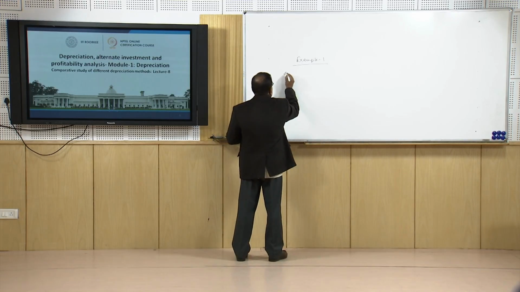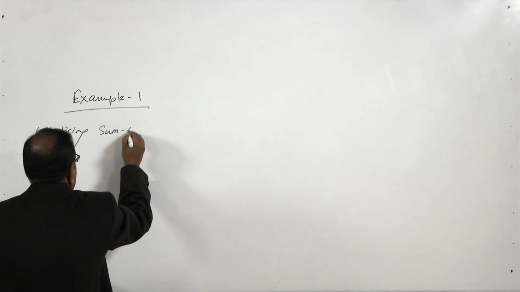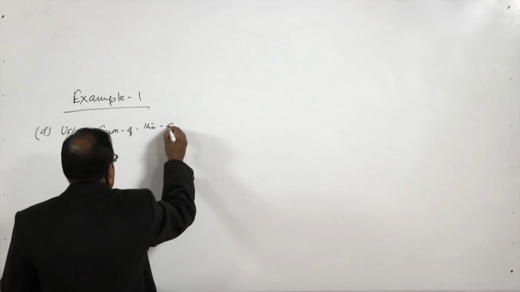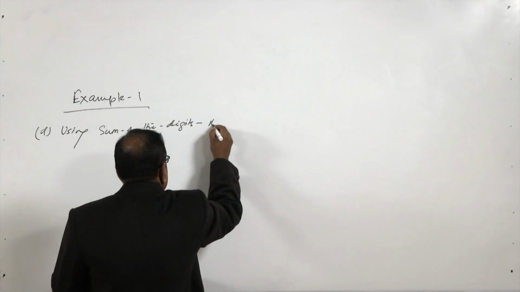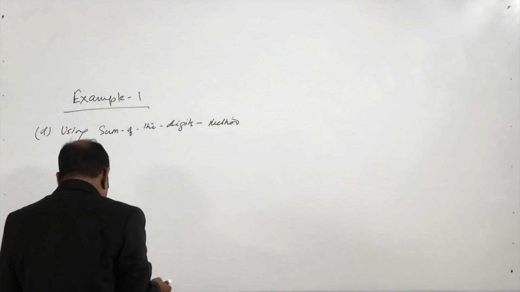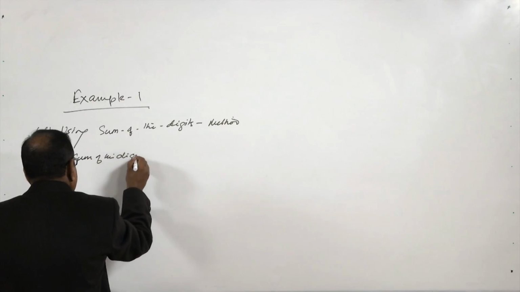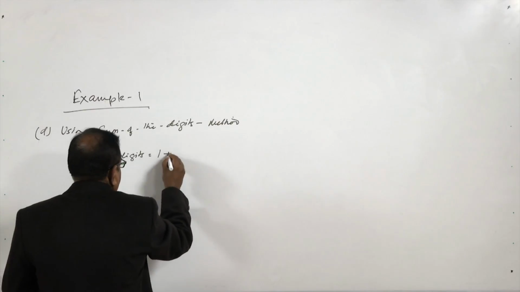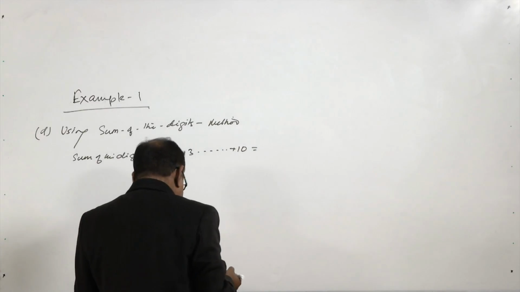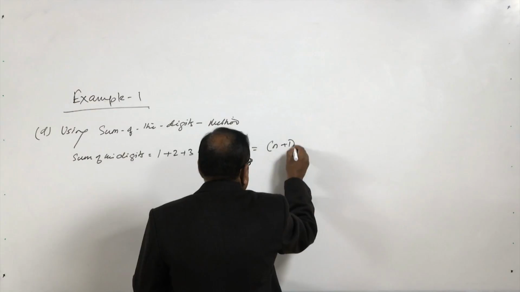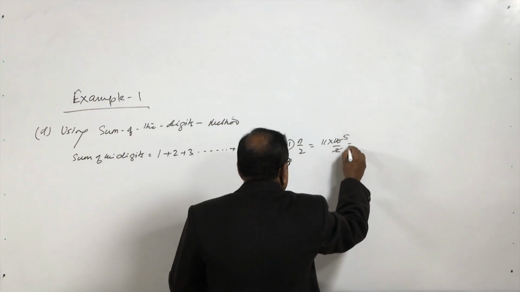Now D, using sum of the digits method. Now sum of the digits is equal to 1 plus 2 plus 3 plus ... plus 10, which is equal to n(n plus 1) by 2, which is 11 into 10 by 2, equal to 55.